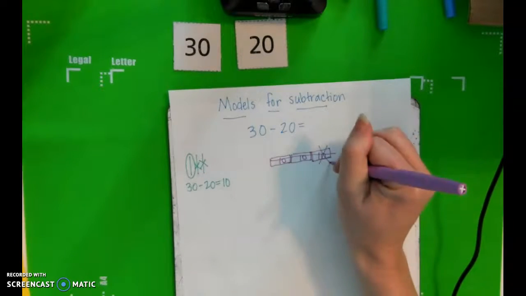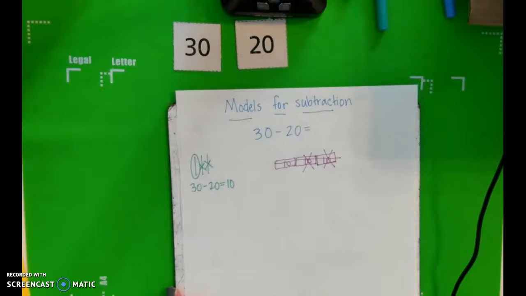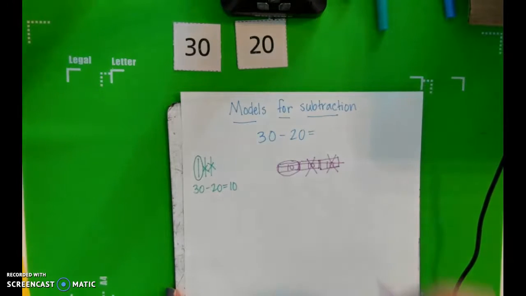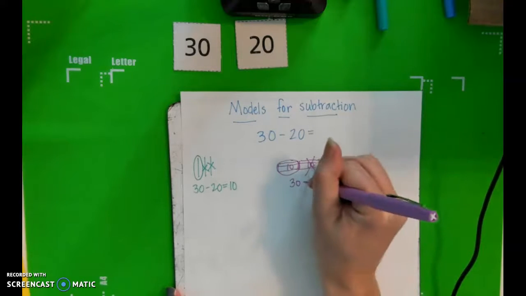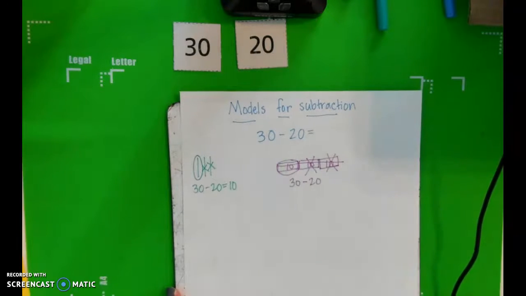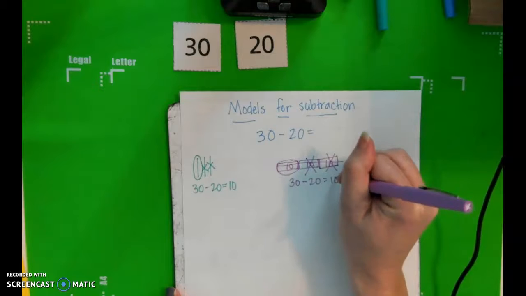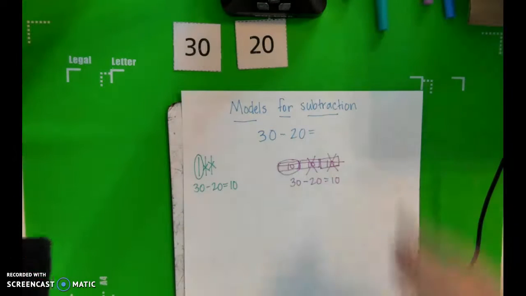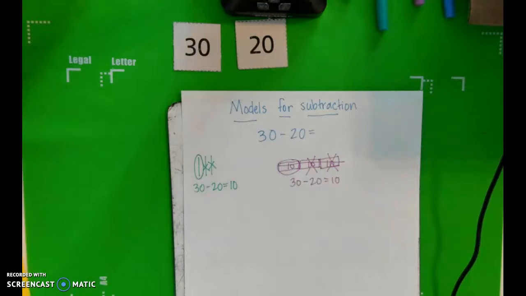On my model, I'm just going to cross them out, which shows how much is left. So this again would be, I had 30 beads pushed on my number line. I pushed back 20, and now there are 10 left. So if you haven't thought about using that as a strategy, maybe you'd like to next time.